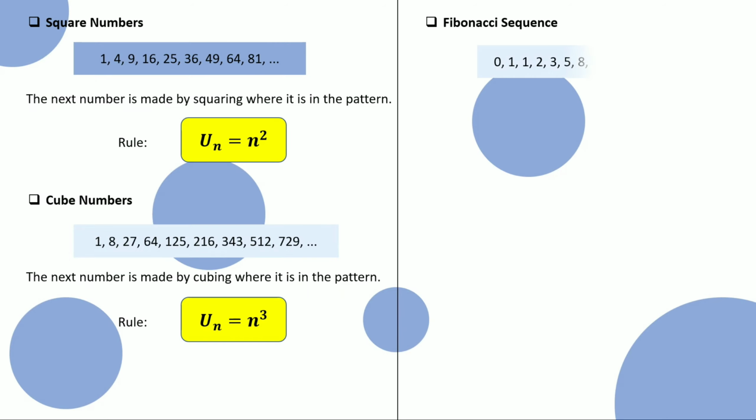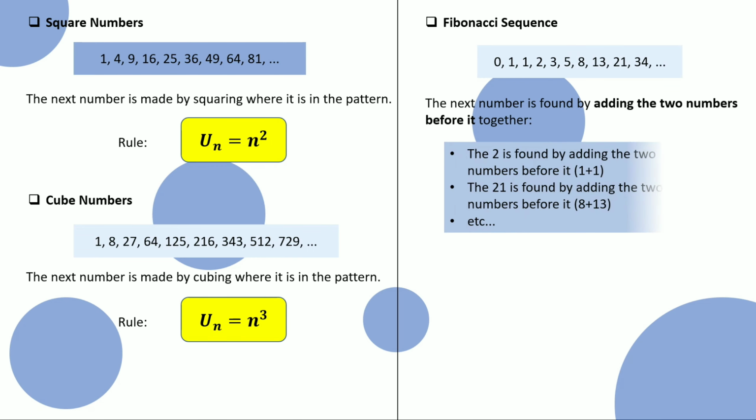And the last one is Fibonacci sequence. For example, 0, 1, 1, 2, 3, 5, 8, 13, 21, 34, and so on. The next number is found by adding the two numbers before it together.